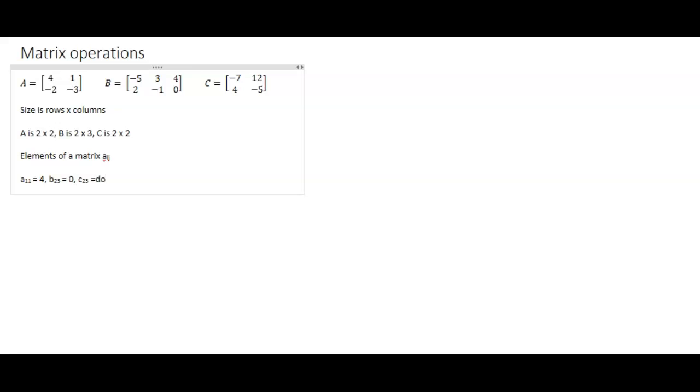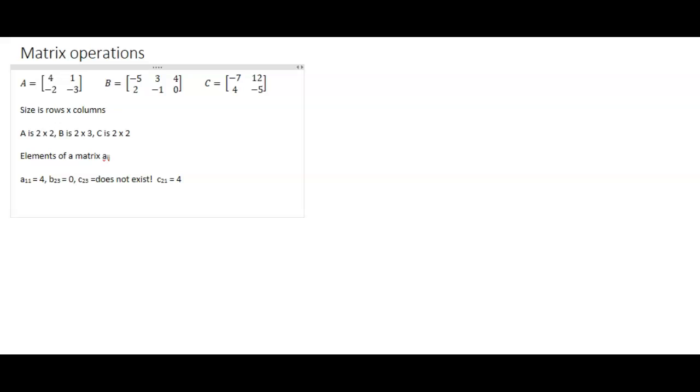There is no such thing. I could talk about c21, say. That's row 2, column 1. It does have that. In row 2, column 1, there's a 4 in matrix C. But c23, there's no third column, so there's no c23.